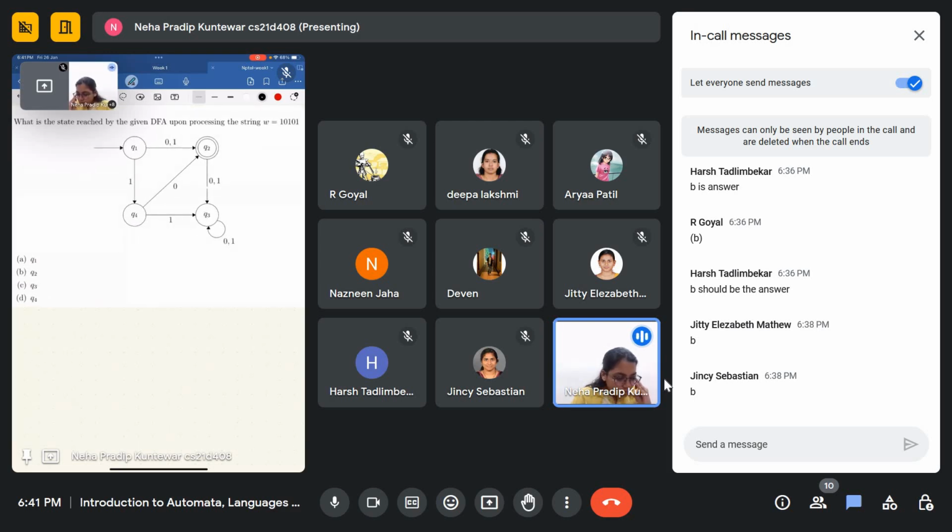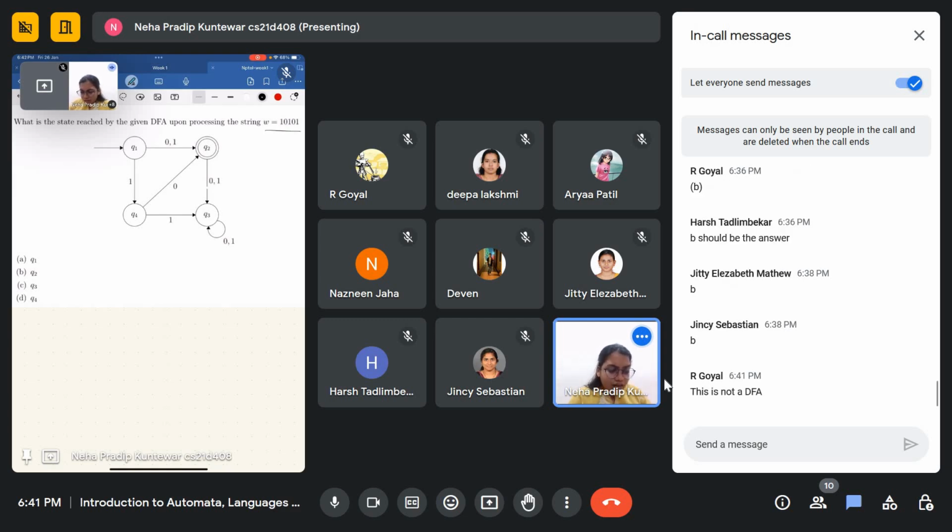By now, you've done enough processing of words, so this is probably an easy question for you. You're given the DFA and the string, and you want to tell what the final state is. Someone says this is not a DFA.